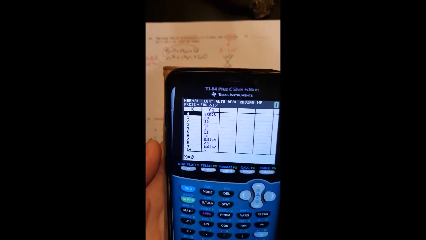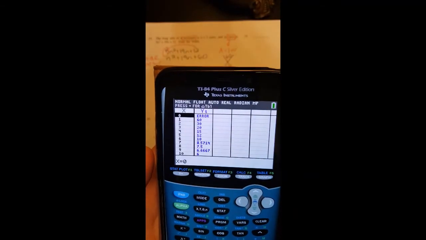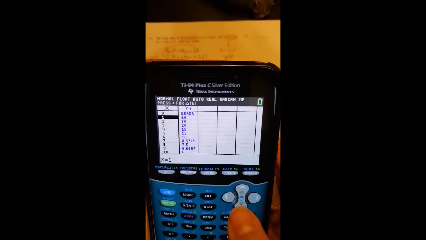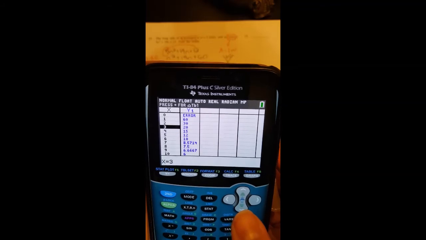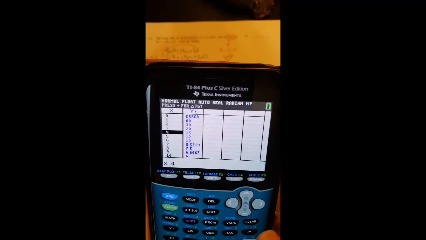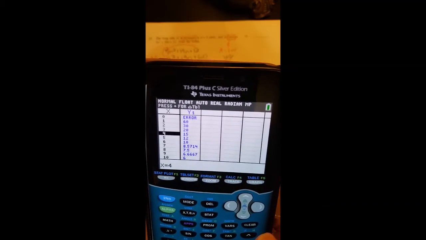All right, so I need two numbers side by side, and they're both positive, to add to give me 19. 1 plus 60 is 61. 3 plus 20, 23. 4 plus 15, that gives us 19. So 4 and 15 multiply to give us 60, but add to give us 19.